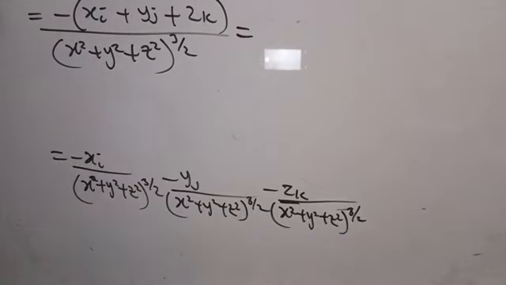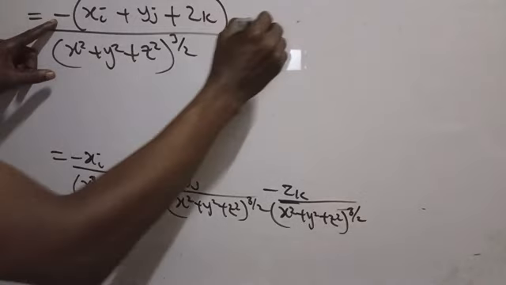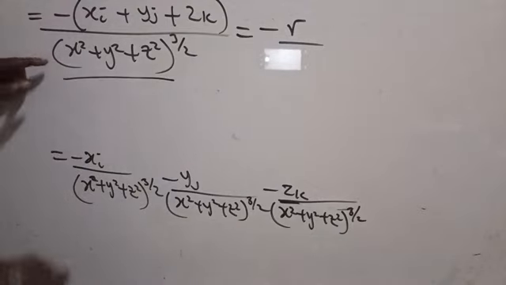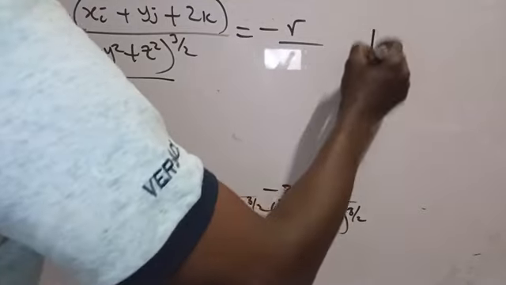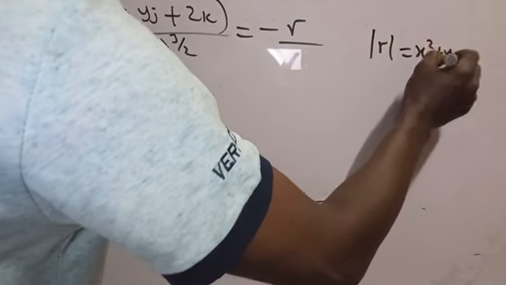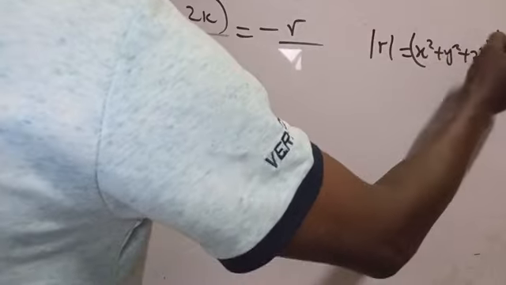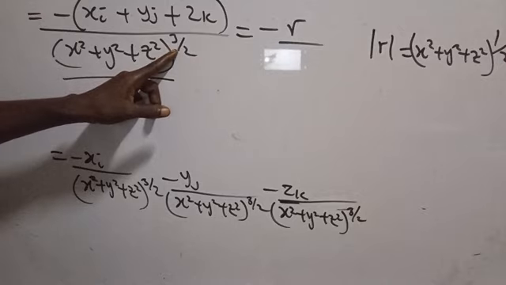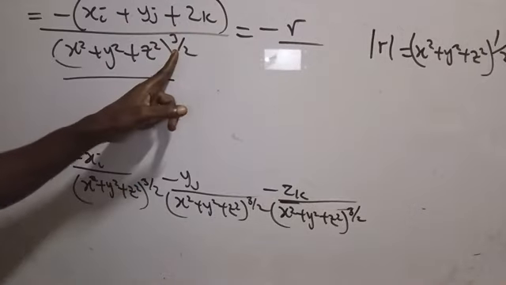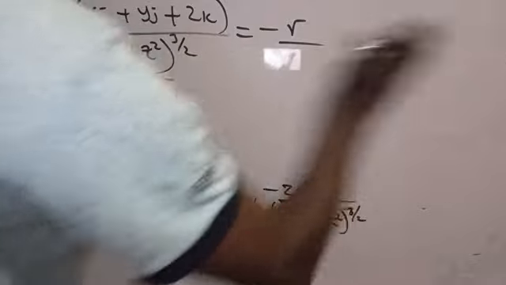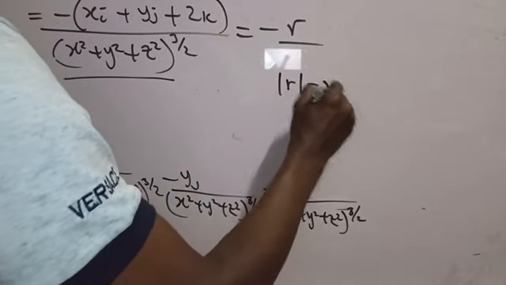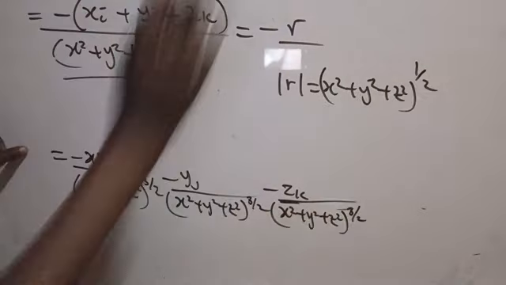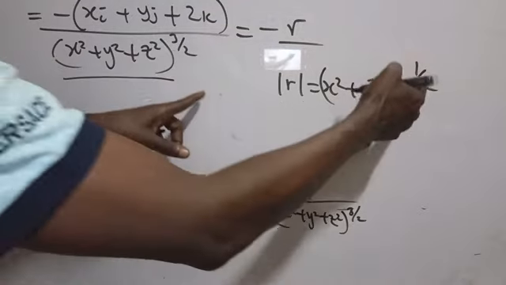Now xi plus yj plus zk is r, so this is minus r all over. Remember that modulus of r is equal to (x squared plus y squared plus z squared) raised to power half. What do we do to this to get 3 over 2?